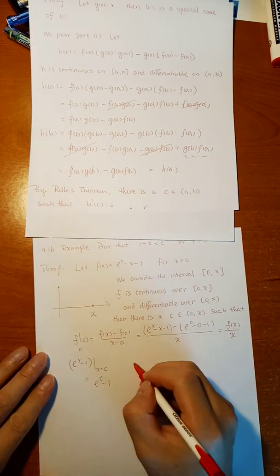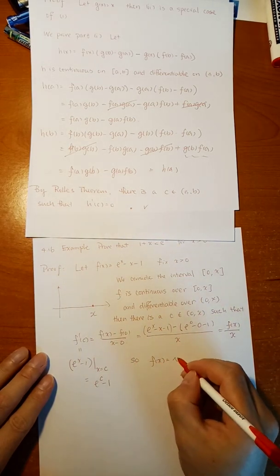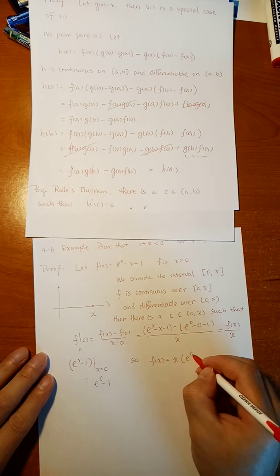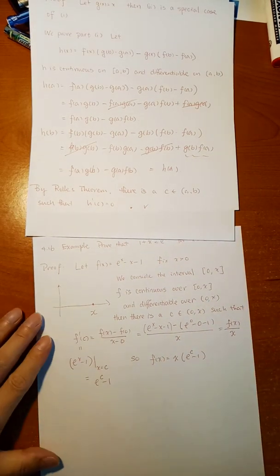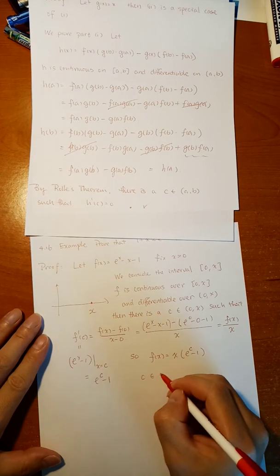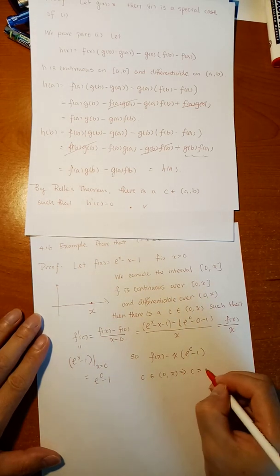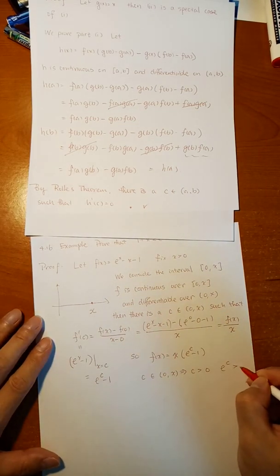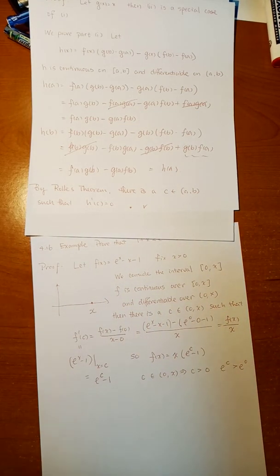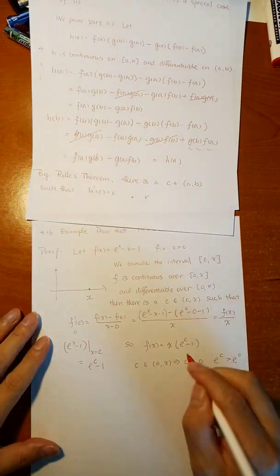So what do we have? We have f(x) equal to x times (e to the c minus 1). Since c is in (0, x), c is greater than 0, so e to the c is greater than e to 0, because the exponential is an increasing function.